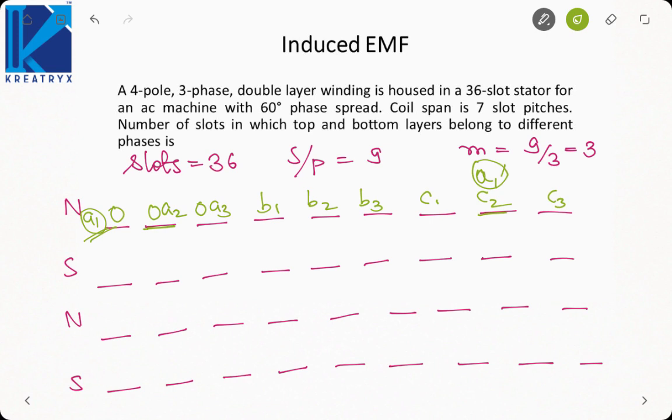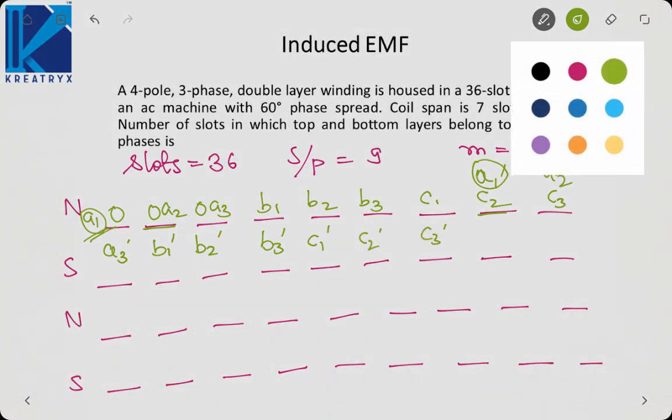Similarly, A2 is in the second slot, so its other side will be in 2 plus 7, the 9th slot. Here it will be A3 dash. Here it will be B1 dash, B2 dash, B3 dash, C1 dash, C2 dash, C3 dash.